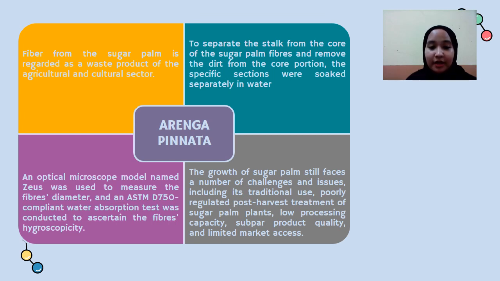An optical microscope model named Zeus was used to measure the fiber's diameter, and an ASTM compliant water absorption test was conducted to ascertain the fiber's hygrophobicity. There will be challenges and issues about the Arenga pinnata, including its traditional use, fully regulated sugar palm, low processing capacity, and limited market access.